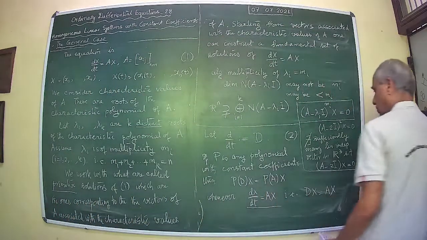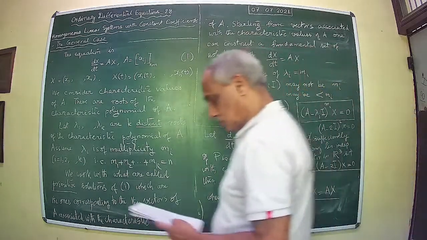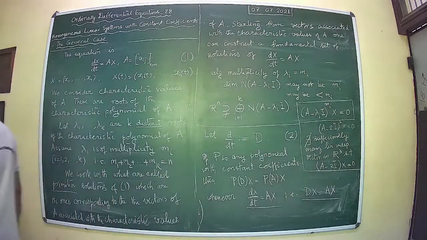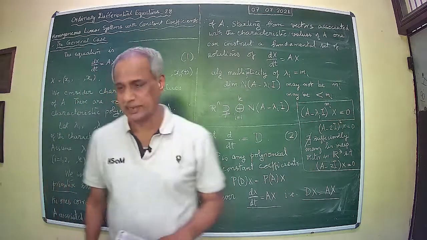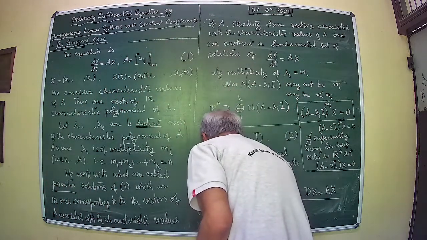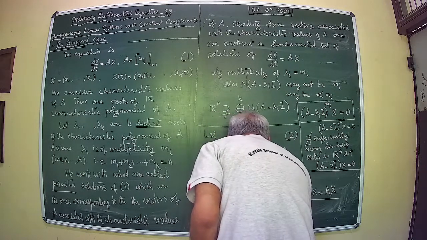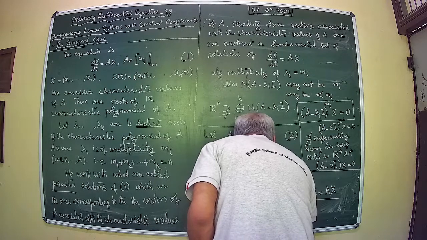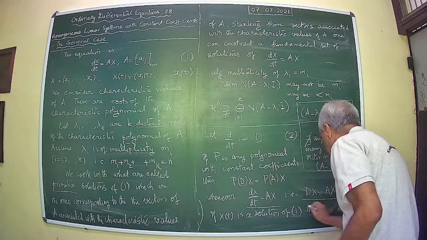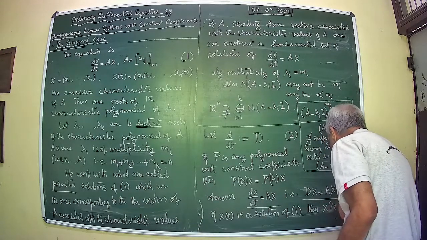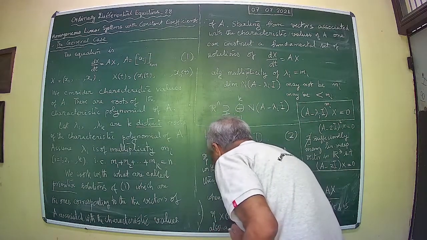Therefore, what we prove is that if x(t) is a solution of 1, and we also observe one more thing, if x(t) is a solution of 1, then the derivative x'(t) is also a solution of 1.